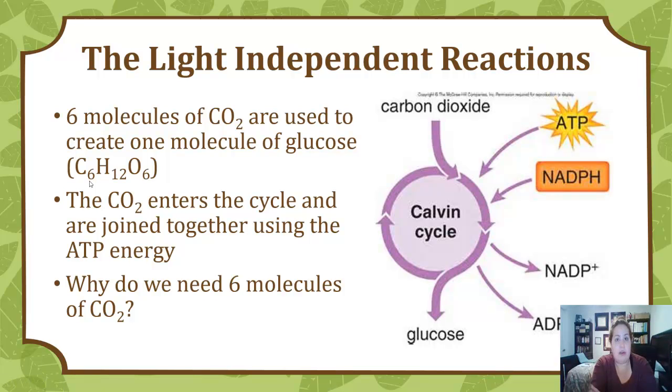They can't just materialize out of thin air. But if you look at the chemical formula for carbon dioxide, there's only 1 carbon. Now, if we have 6 molecules of CO2, we'll have 6 molecules of carbon, and that's enough to make 1 molecule of glucose. So we need 6 carbons in order to add them into our glucose molecule.